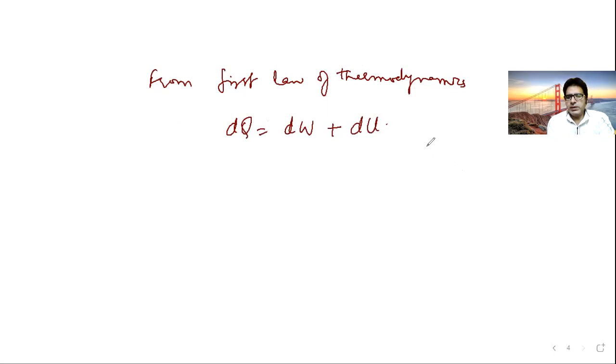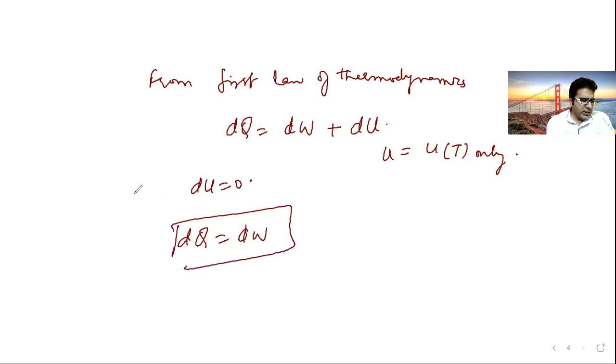Remember, as we said, U is the function of temperature only for an ideal gas. And during this isothermal expansion, temperature of the gas stays constant. That means its internal energy stays constant. That means dU is 0. Therefore, dQ is dW. That means for an ideal gas, during an isothermal expansion, work done by the gas is equal to heat put into the gas. You need to remember this.